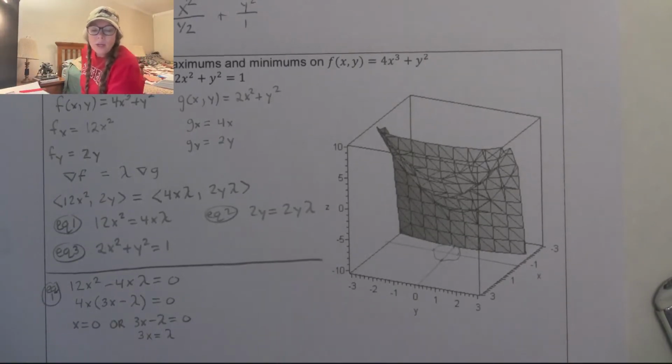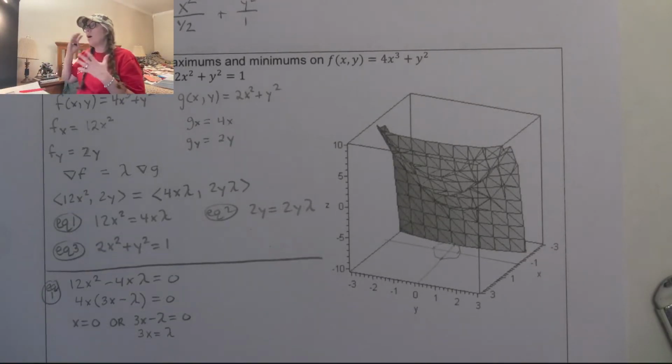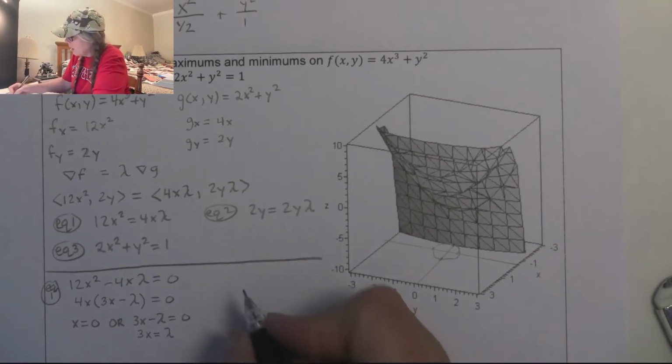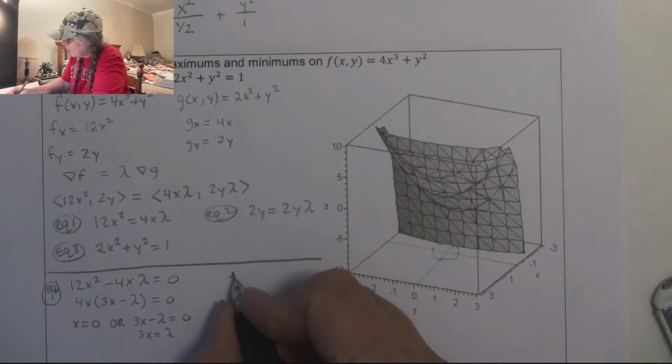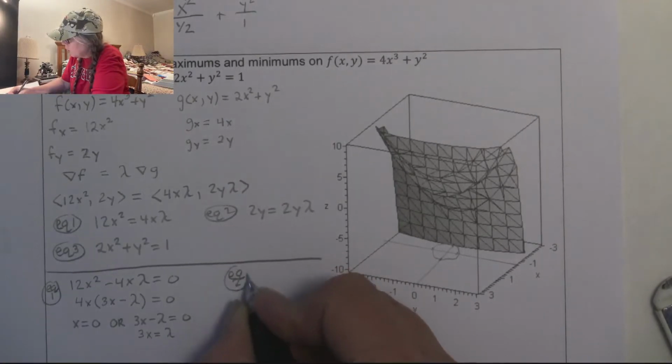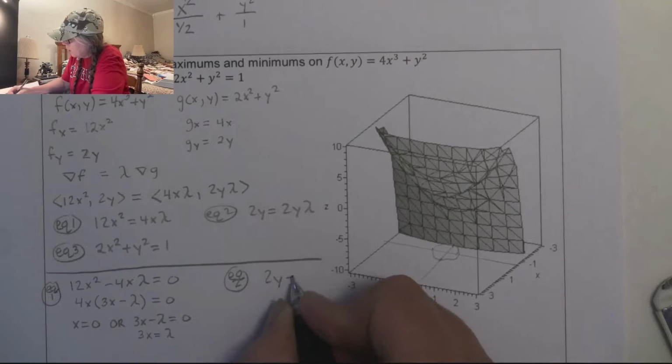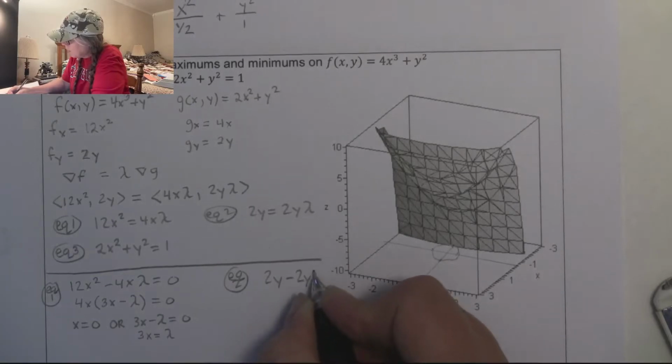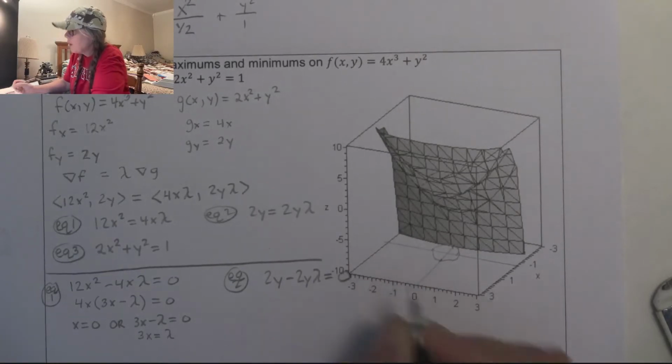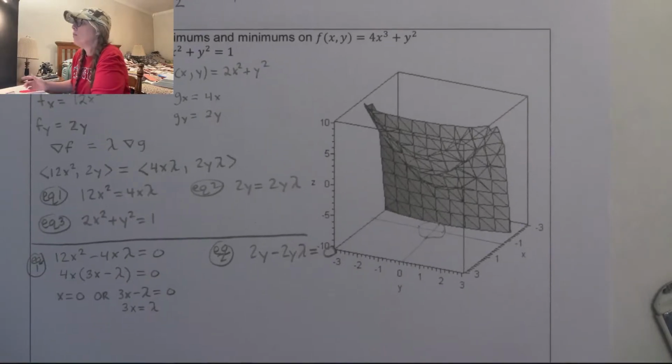Okay, and so then equation 2, well, equation 2 only has y in it. So I'm like, okay, equation 2 only has y in it. How can I be so lucky? And so I can solve for y here too. So equation 2: 2y minus 2y lambda equals 0. I'm on top of my function, my picture there.